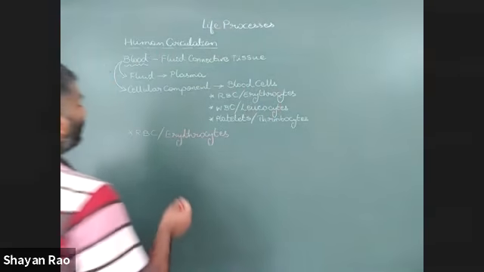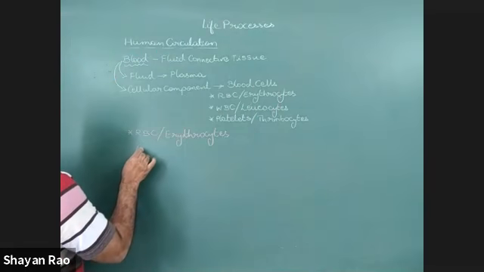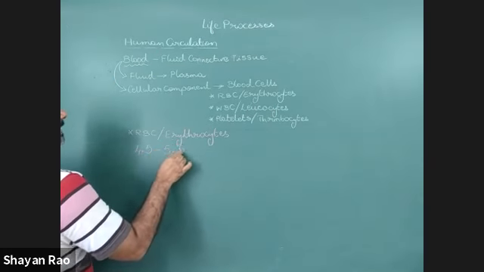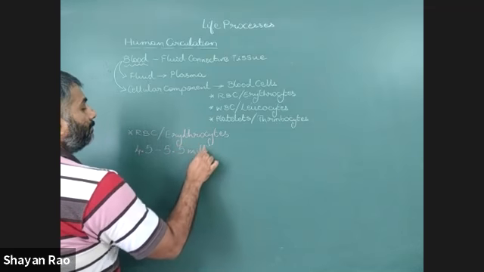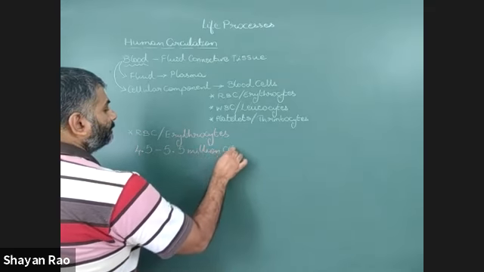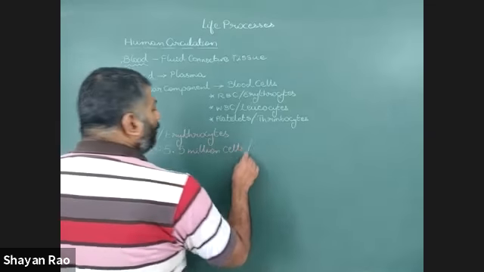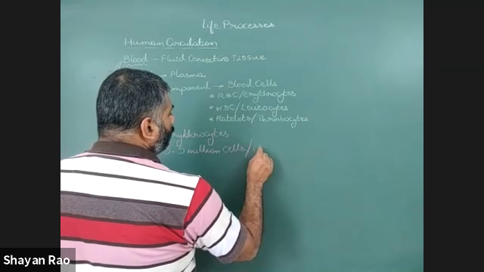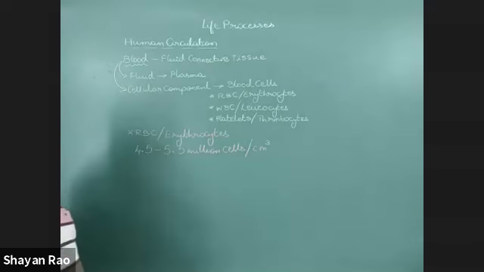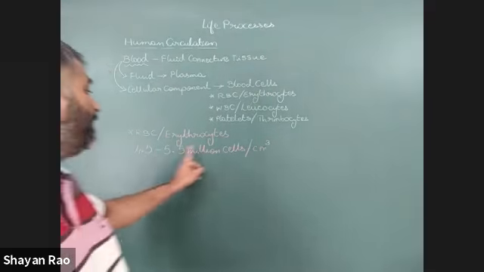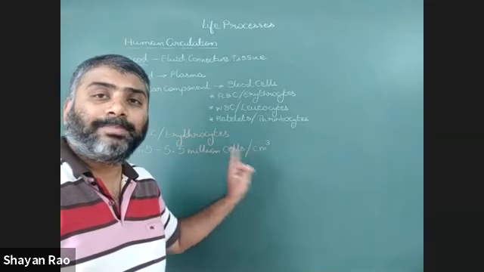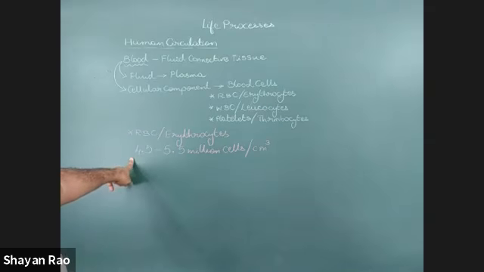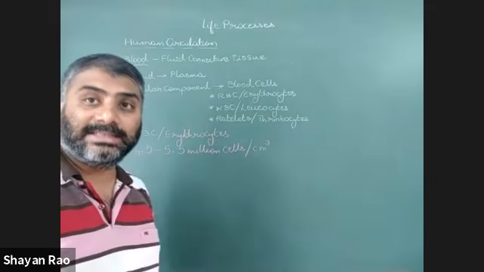How many cells are present? Around 4.5 to 5.5 million cells per cubic centimeter. That many cells are present in 1 cubic centimeter of the blood.